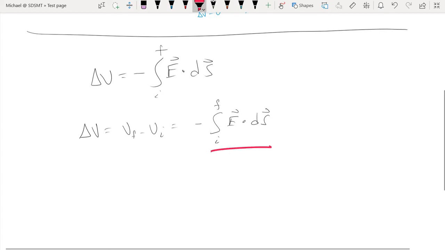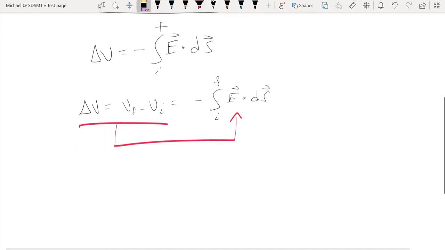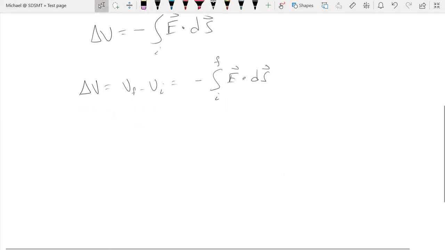So in other words, we started over here and we got this information as a result. Now we want to go the other way. If we know information about the electric potential of a system, or how that electric potential is changing, can we use that information to tell us what the electric field in the system looks like? And with any kind of mathematical system, if you can go one way with the math, you should be able to get back to your original starting point.